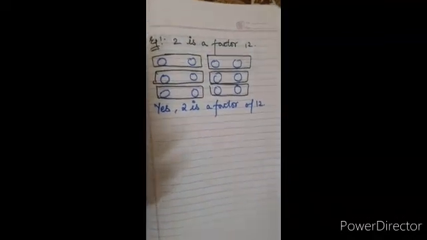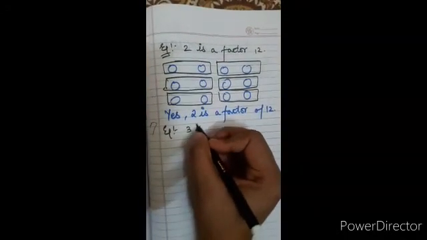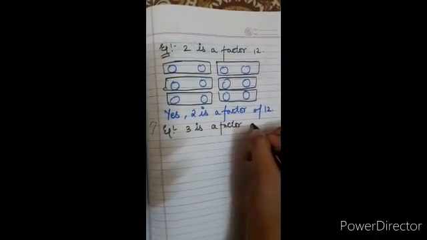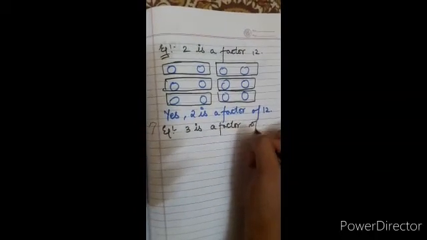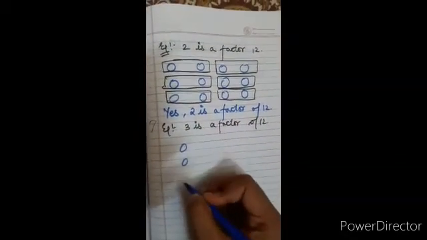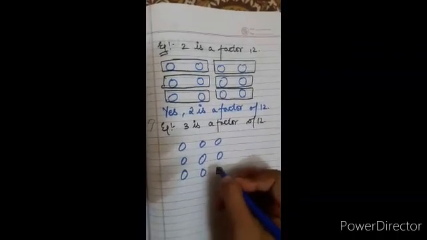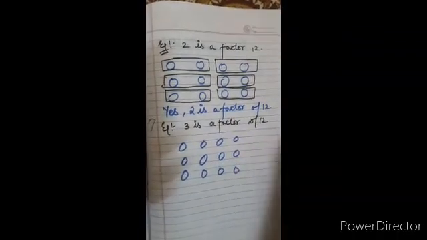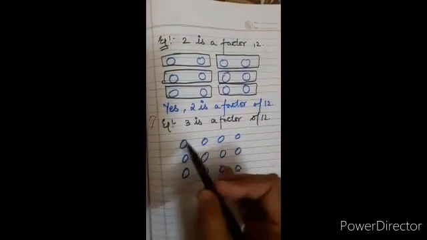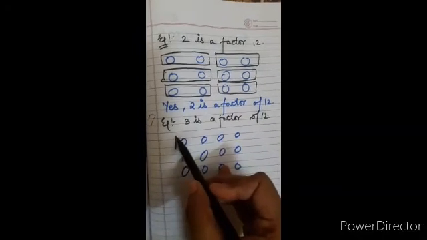If we check whether 3 is a factor of 12, suppose we have 12 balls. First we make groups of 3.